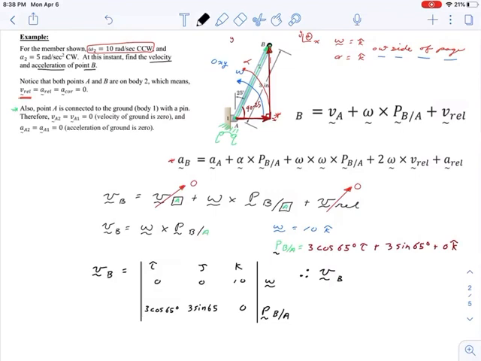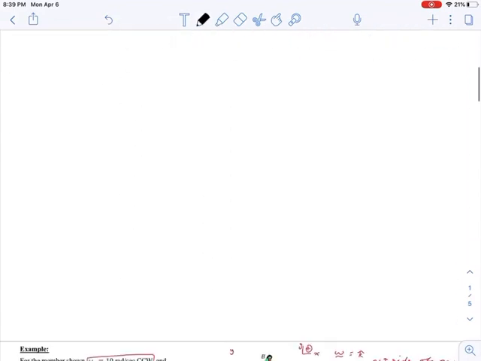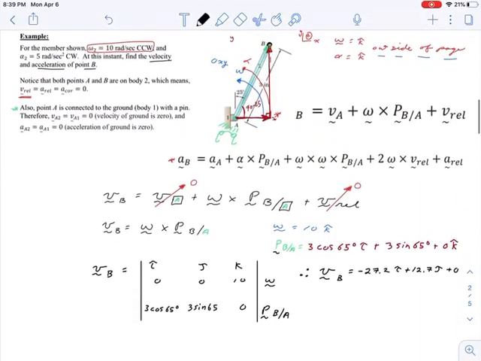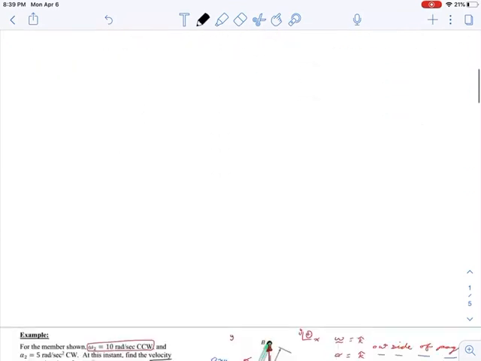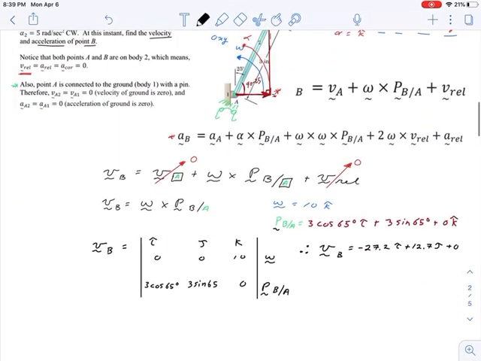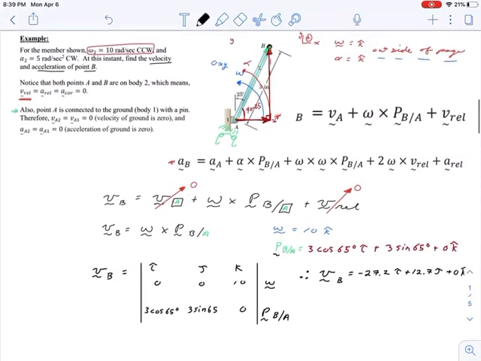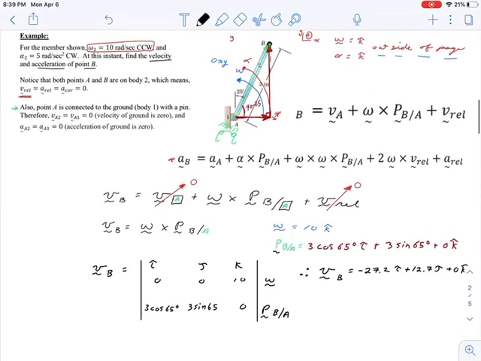We will get negative 27.2 in the I direction, plus 12.7 in the J direction, and 0 in the K direction. Okay. So this is the velocity.